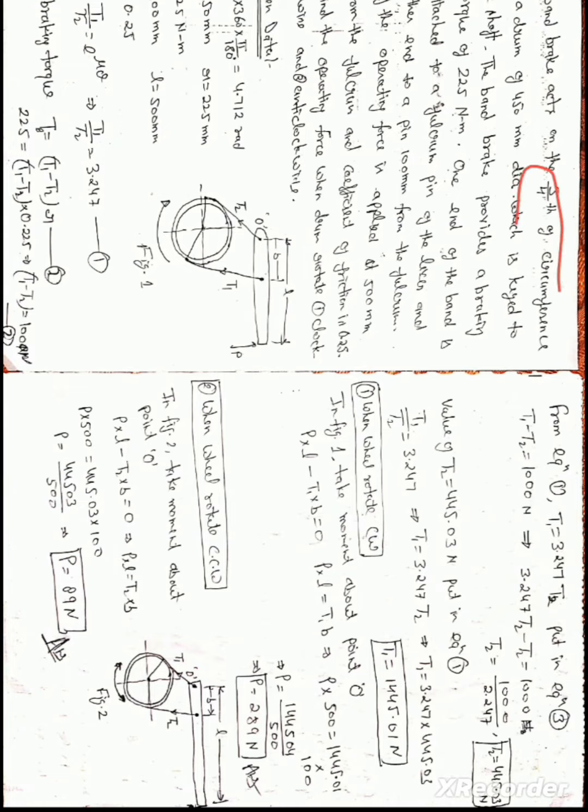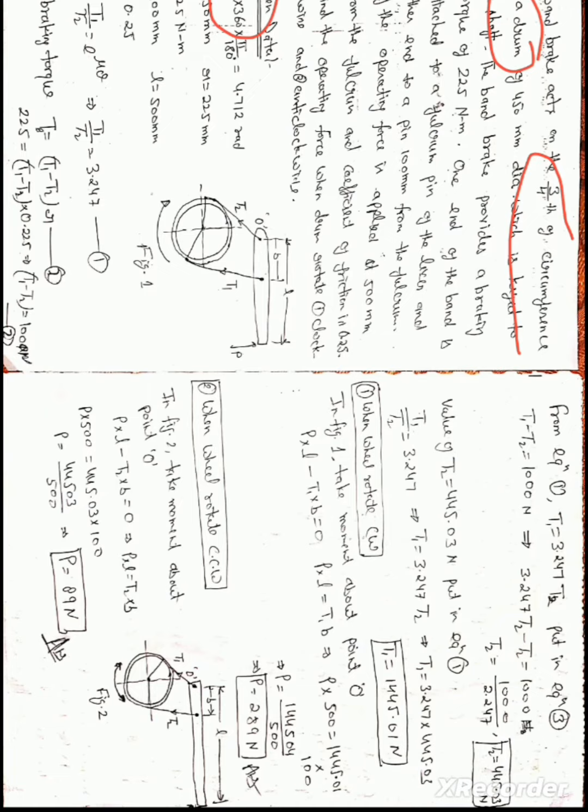Here, please see 3/4 of the circumference of the drum. That means it gives theta. So theta is 3/4 into 360 degrees, but we will use theta in radian.